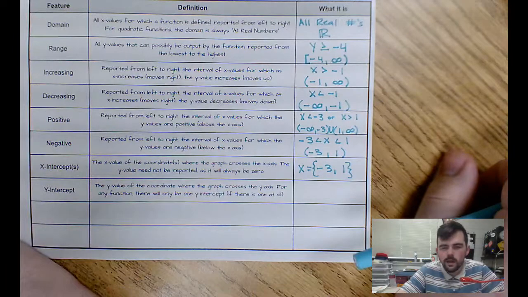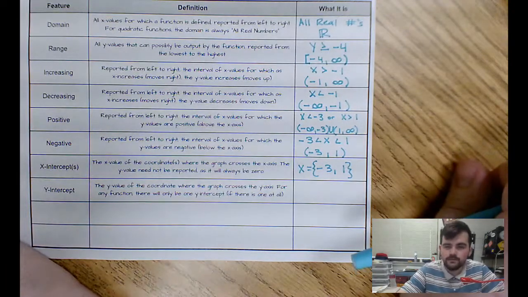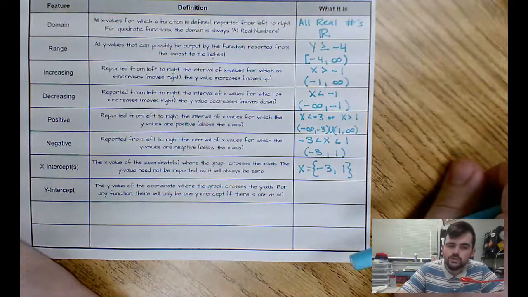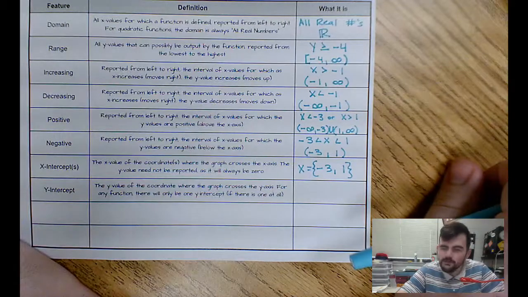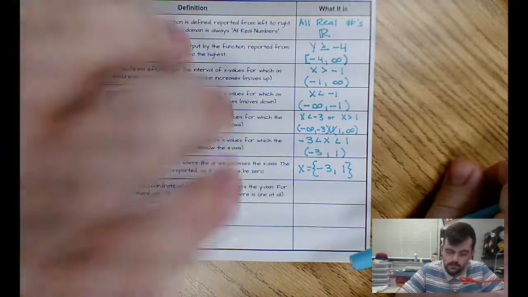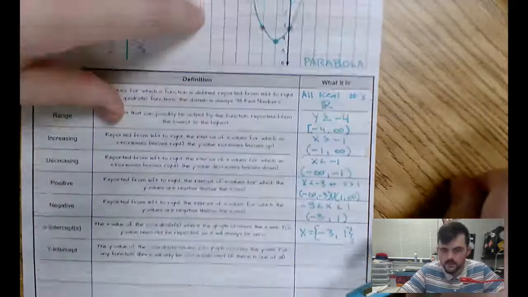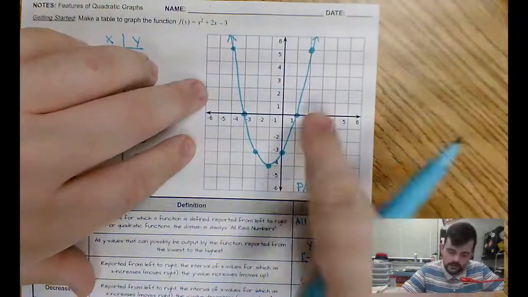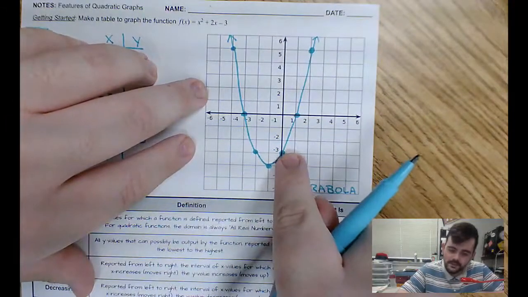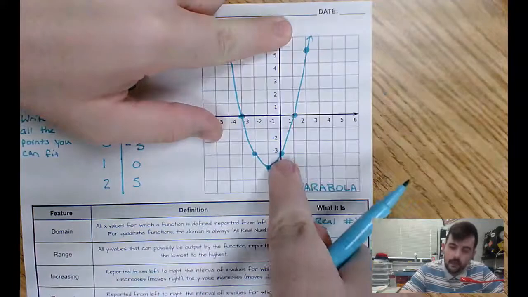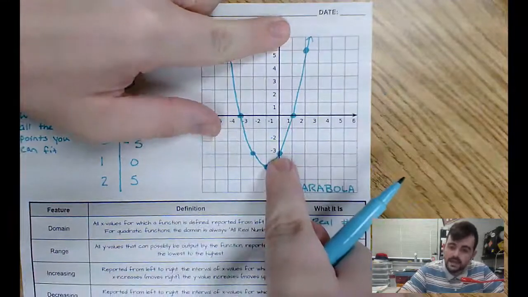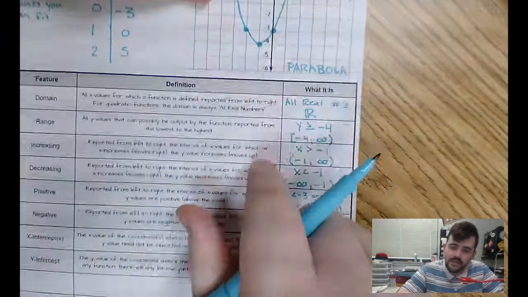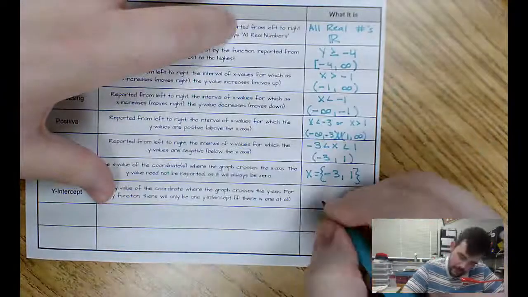If you remember a little while back, we talked about what is and is not a function. Well, if there's two y-intercepts, it fails the vertical line test. That's something for another day, but that's the y-intercept right here because it crosses the y-axis. So the y-intercept is -3. So all I need to say is y equals -3.